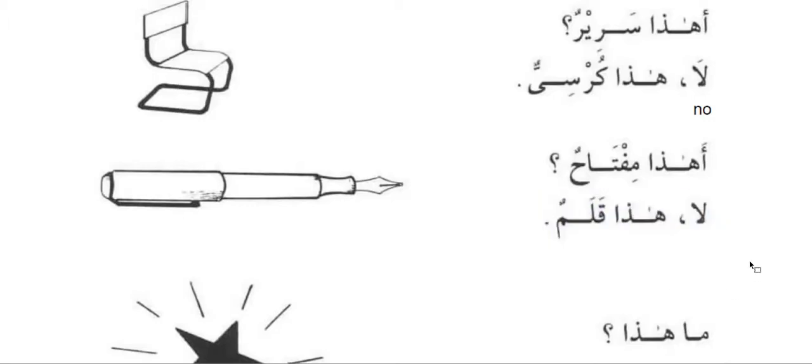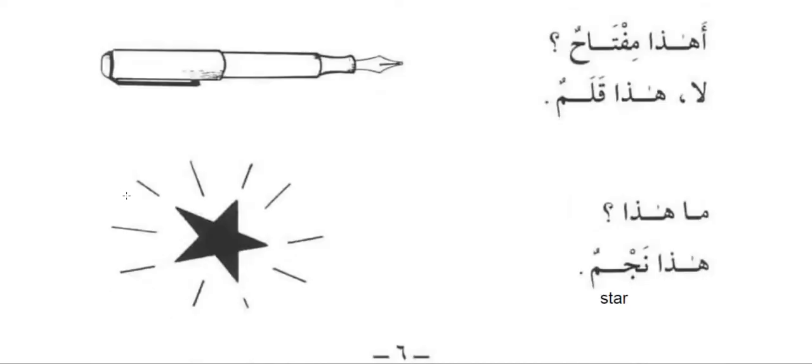This is a pen. ما هذا? Pointing to this picture of a star. What is this? And the correct answer is هذا نجم. This is a star.